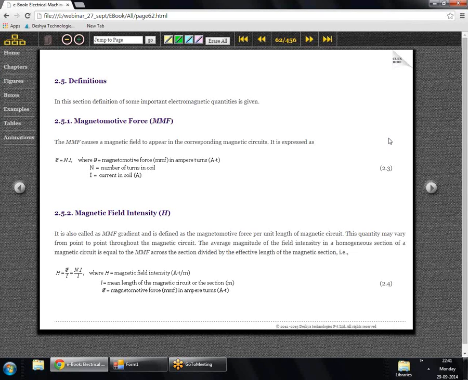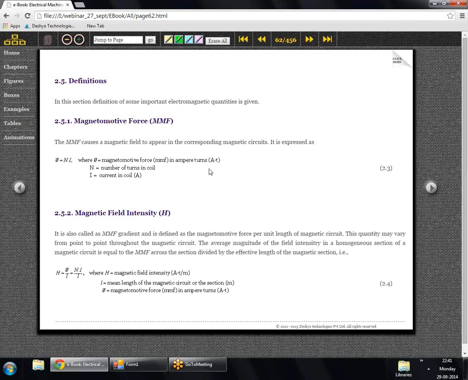As we have seen earlier in today's webinar, it is equal to the number of turns in the coil times the current flowing through the coil. If we have a coil which has, say, 10 turns and 2 ampere current flows through it, then the MMF created by this coil is 10 into 2, which is 20. The SI unit for the MMF is ampere turns.